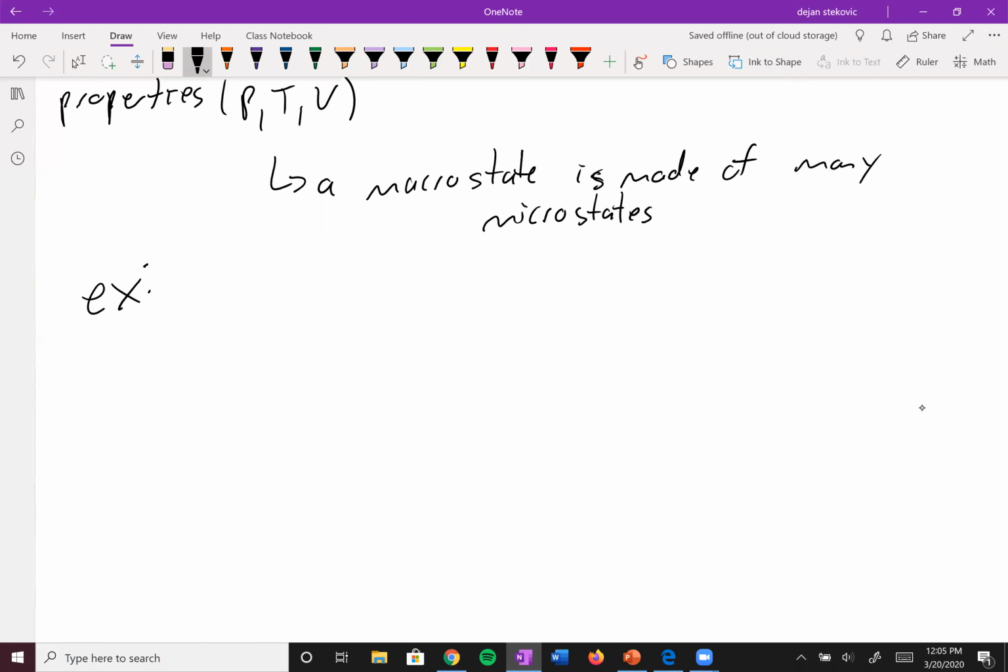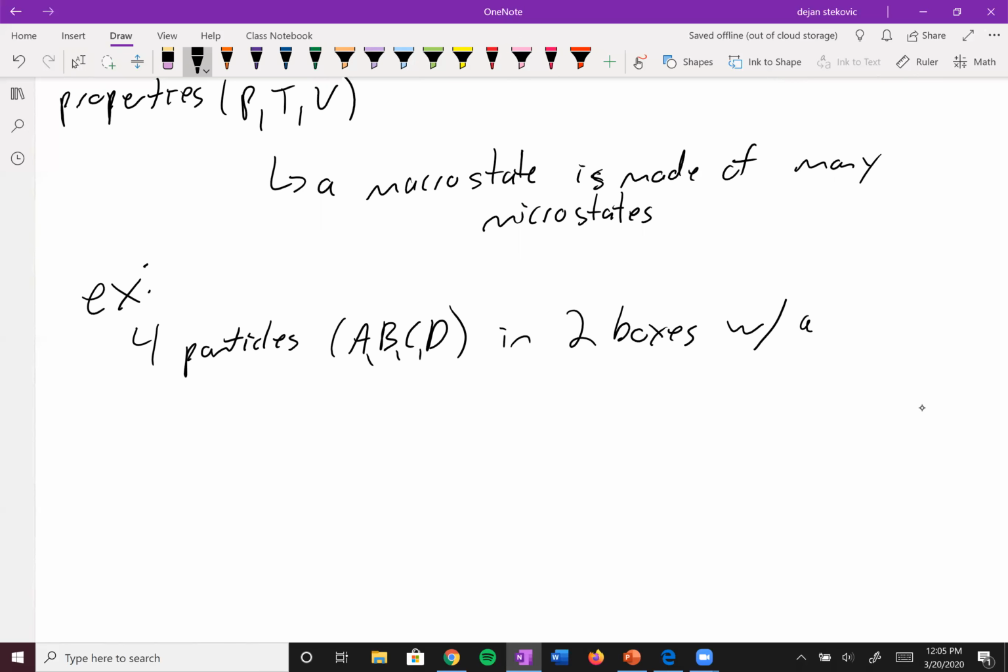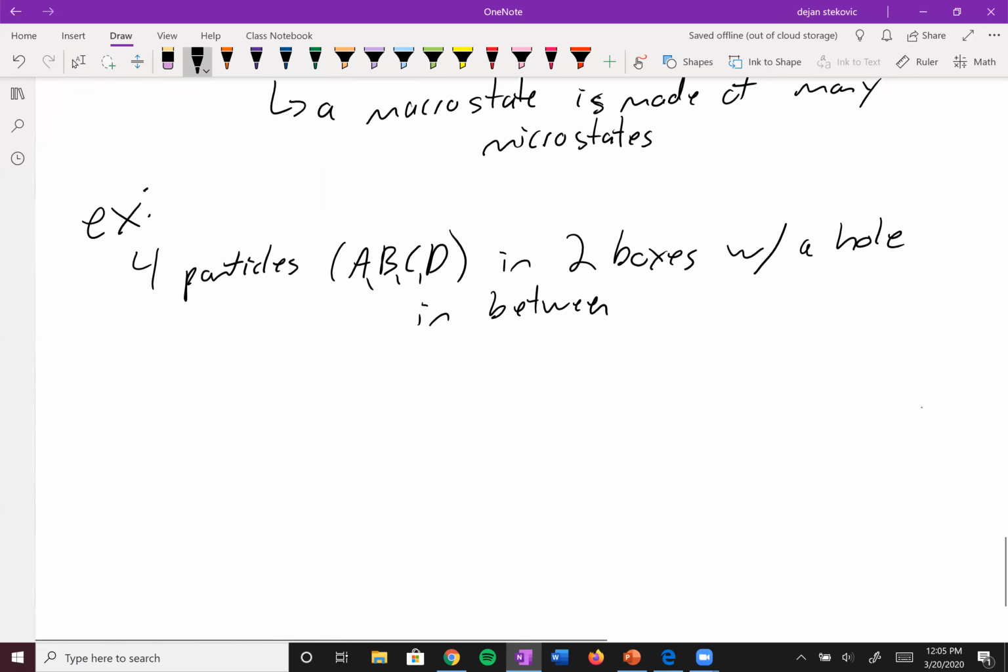So, for example, let's say you have 4 particles, and we'll call them A, B, C, D, in 2 boxes with a hole in between. Right, so these particles are free to move around between the 2 boxes.